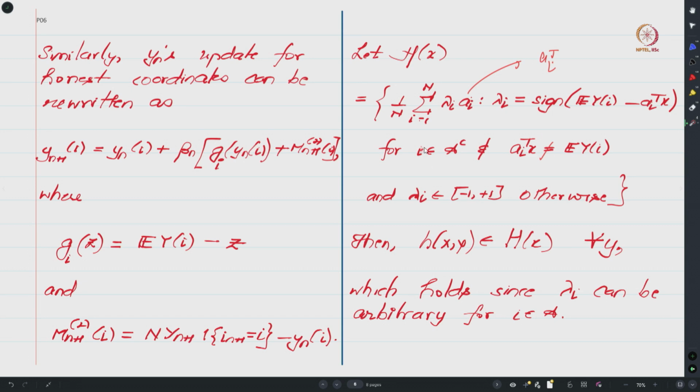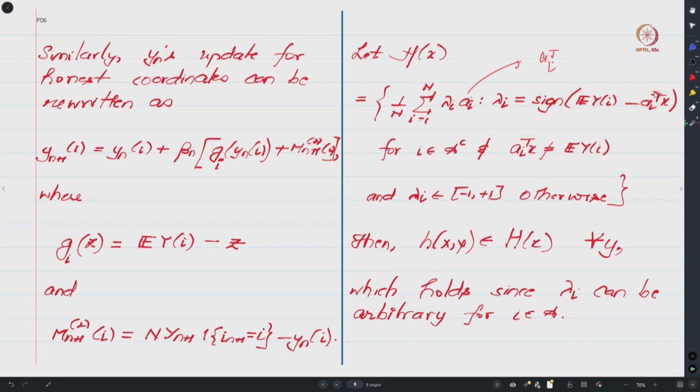For such an i, we require that this lambda i equal the sign of this expression.